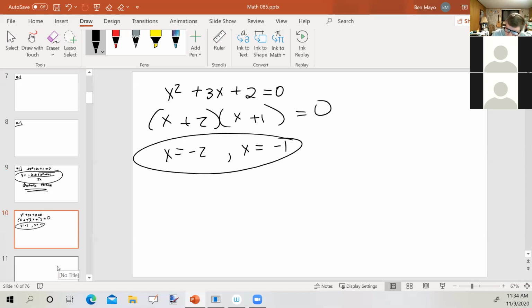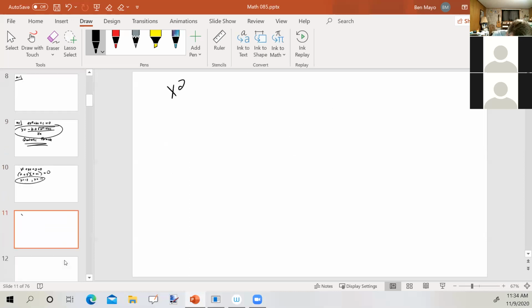Now we're going to go on and we're going to use the quadratic formula. x squared plus 3x plus 2 equals 0. To use the quadratic formula, things need to be in standard form, which they are. I've got everything in descending powers equal to 0. So what are my coefficients? Well, a is the implied 1, b is 3, and c is 2.